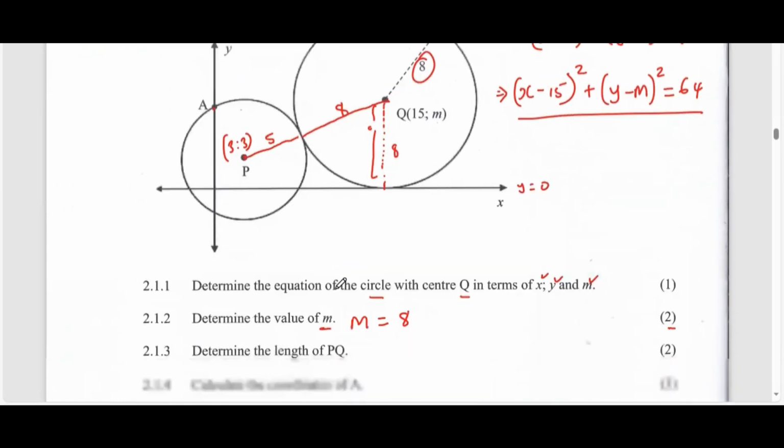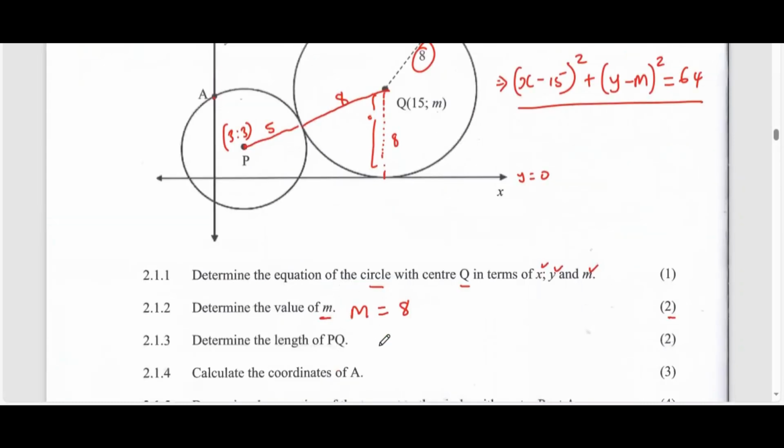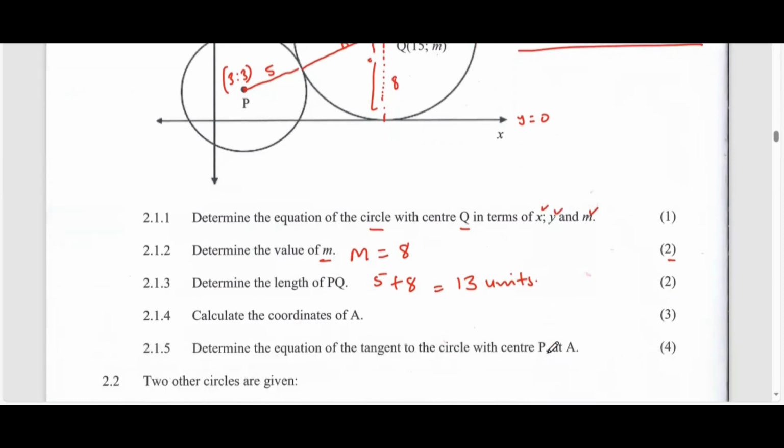So guys, we don't need to use the distance formula in this case. We can just add the radii. So 5 plus 8 gives us 13 units. If you have trust issues, we could use the distance formula just to confirm that indeed what we're talking about is correct. You get your 13 units there.